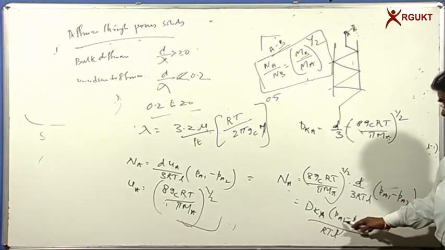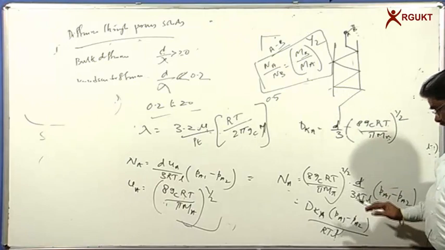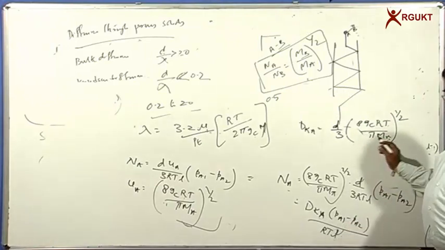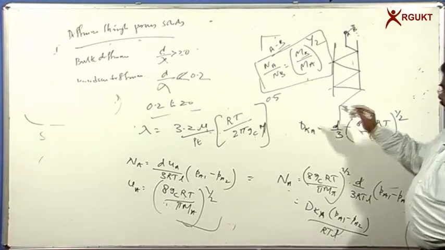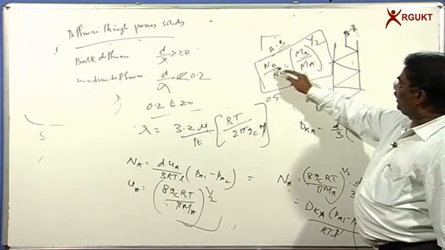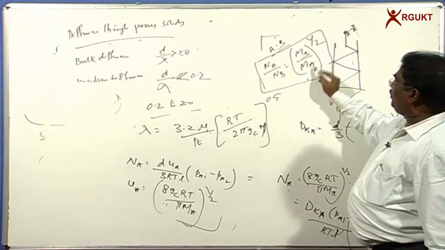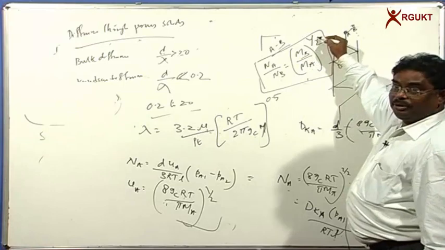If the partial pressures of the two components are the same, PA1 and PA2, PB1 and PB2, the only difference is the molecular weight. Now, if you substitute everything constant, the flux of component A is inversely proportional to Ma to the power of half. Flux of component B is inversely proportional to Mb to the power of half.